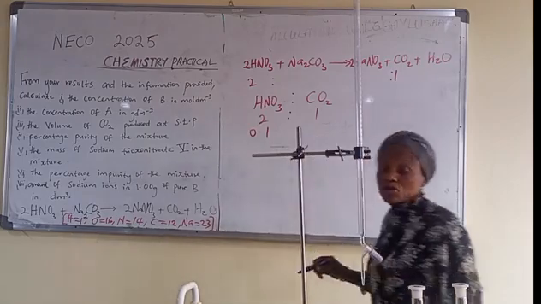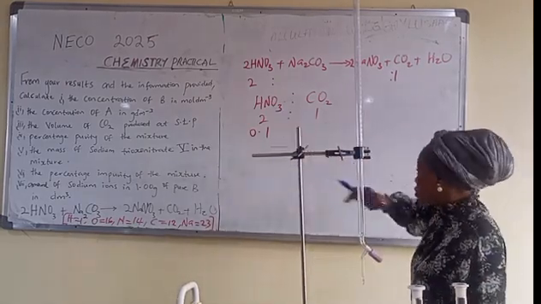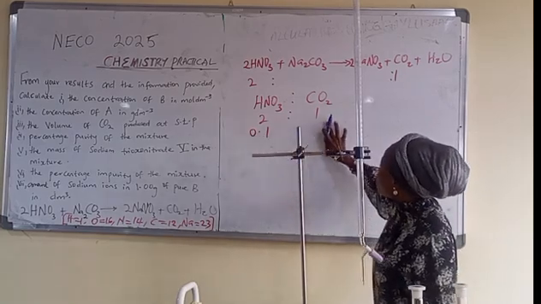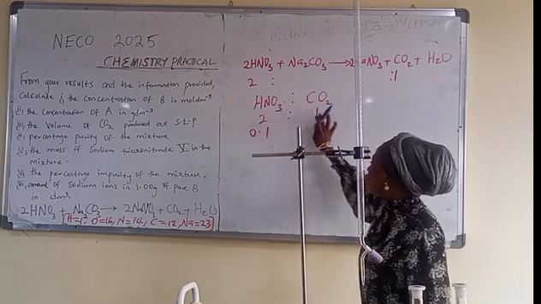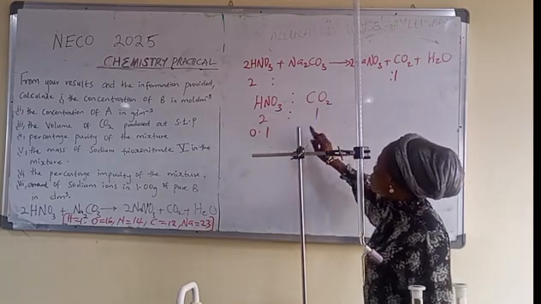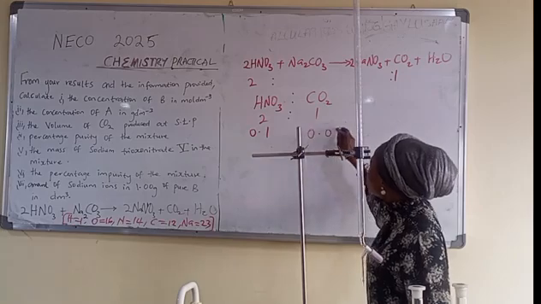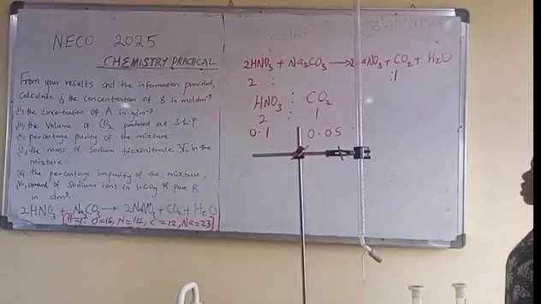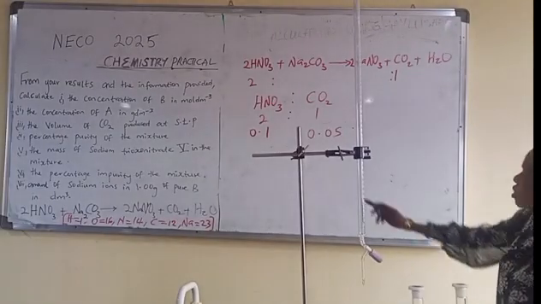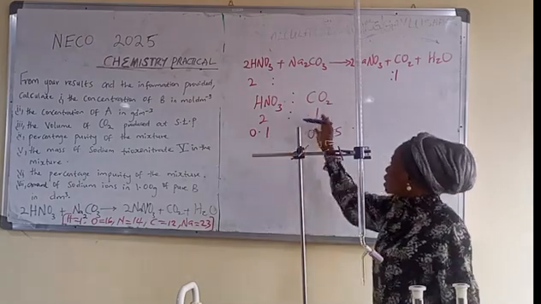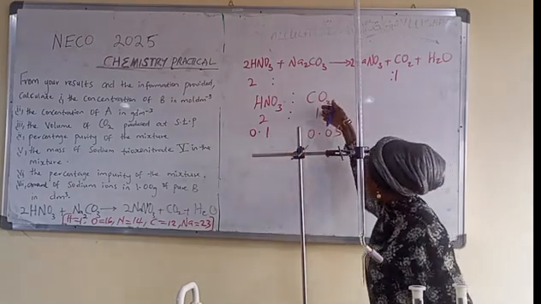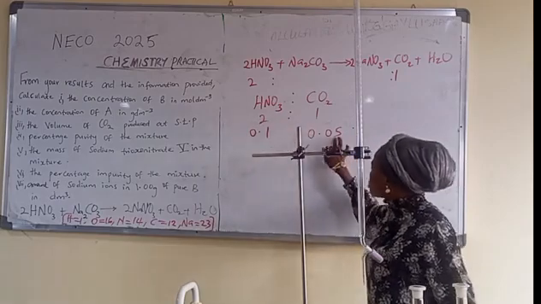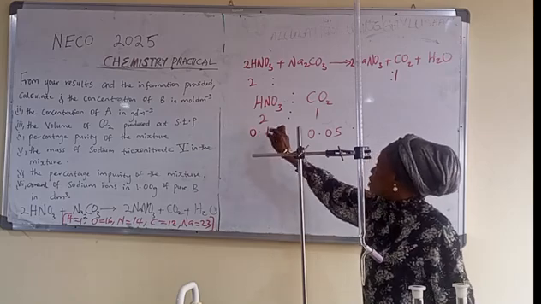The molar concentration from the question given is 0.1. Then this one will not be 0.1, because it's 2 ratio 1. So that means this one will be 0.05, half of 0.1. I think you are getting it. If this one is 1, and you multiply it by 2 to get HNO3, then if this is half, times 2 of this will be 0.10.